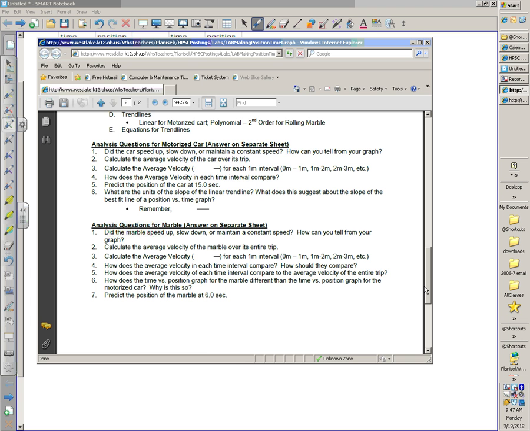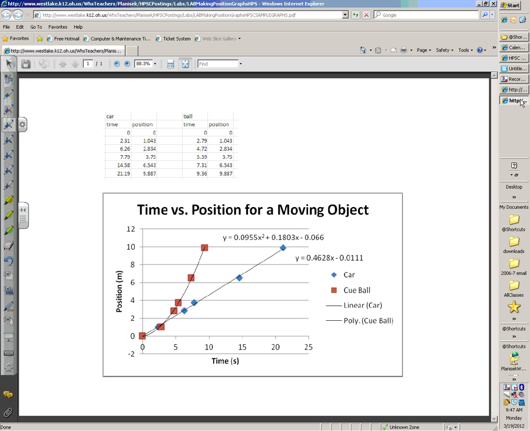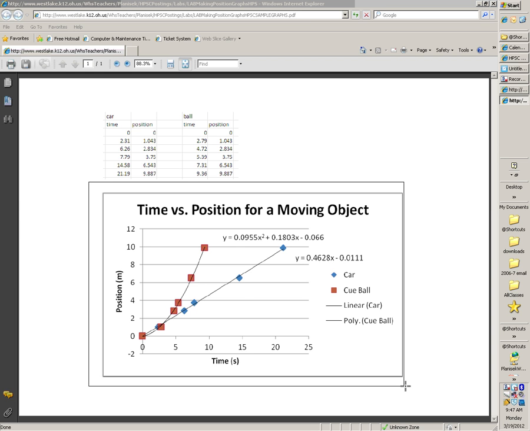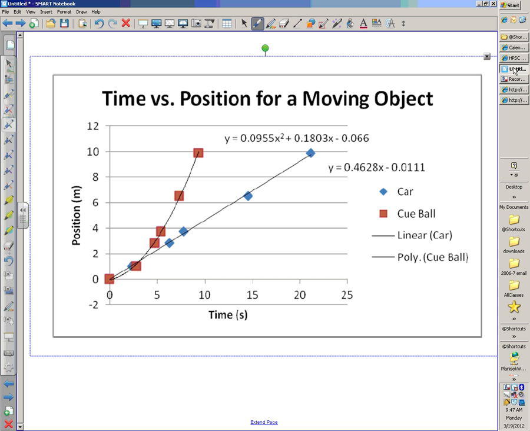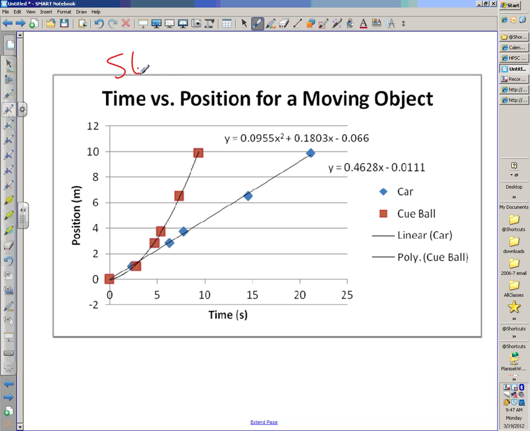Okay. So we talked about the idea that, Lauren, this is a position versus time graph, right? So if we grab this graph, if we look at the slope, first, we talked about the idea, how do we define slope? Rise over run, right? With that being the case, if we look at the rise axis on this graph in particular, what's on the rise axis?